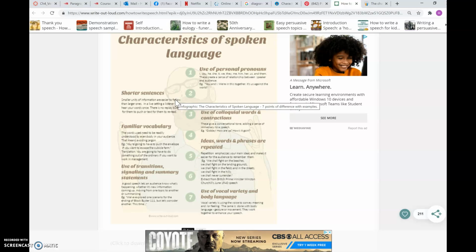Some characteristics of spoken language are the use of personal pronouns. So we tend to use a lot more pronouns than we do the nouns they represent, like I and you, he, she, it, all of those, because those create a sense of relationship between speaker and audience. You know, like you and I, we're in this together. It's us against the world.